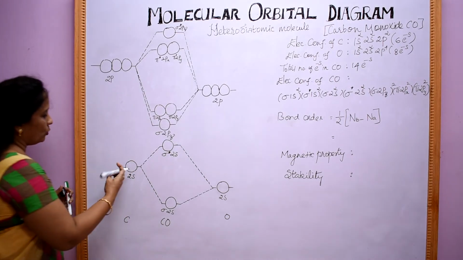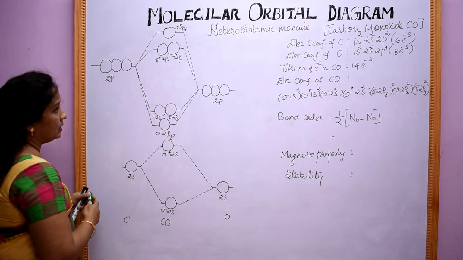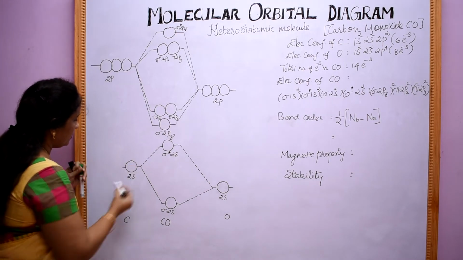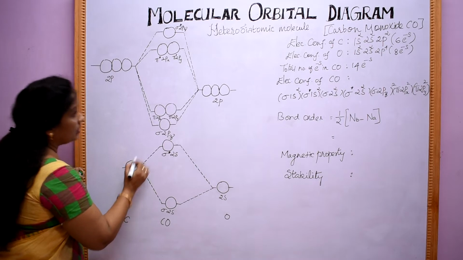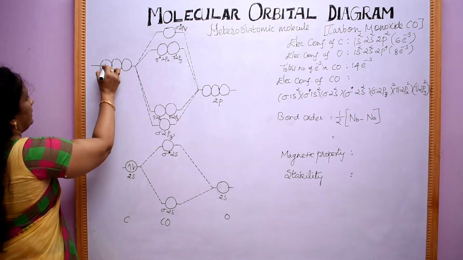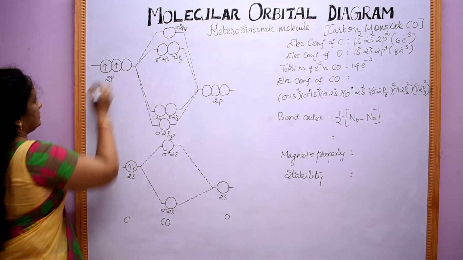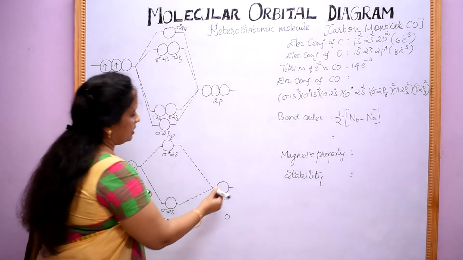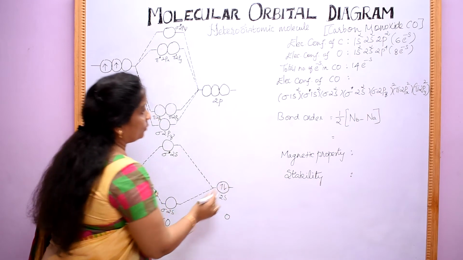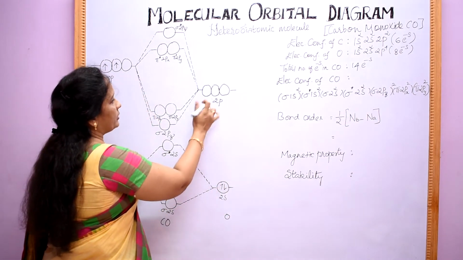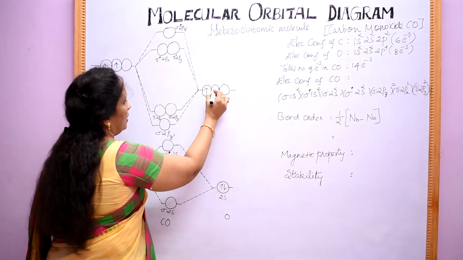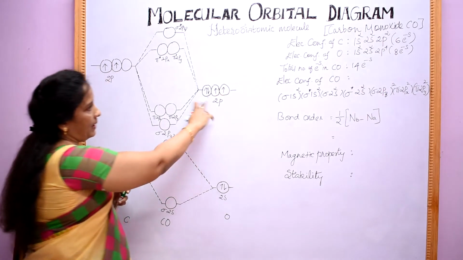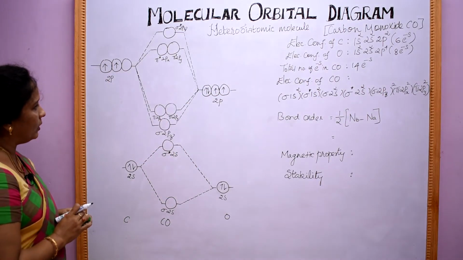We have 2 electrons in the 2s orbital of carbon, 2s2, and in the 2p orbital we have 2 electrons in the carbon atom. Coming over here for oxygen, we have 2 electrons in the 2s orbital and 4 electrons in the 2p orbital. 1, 2, 3, then the 4th electron will be paired up in one of the orbitals.